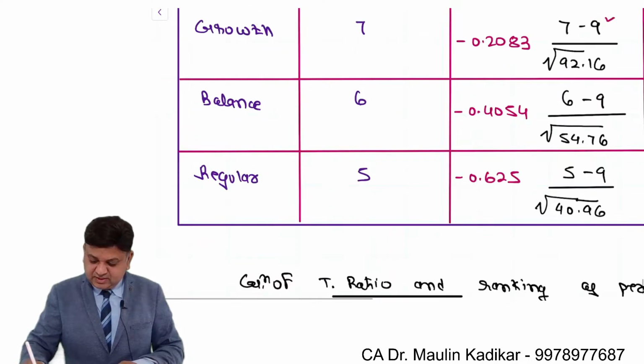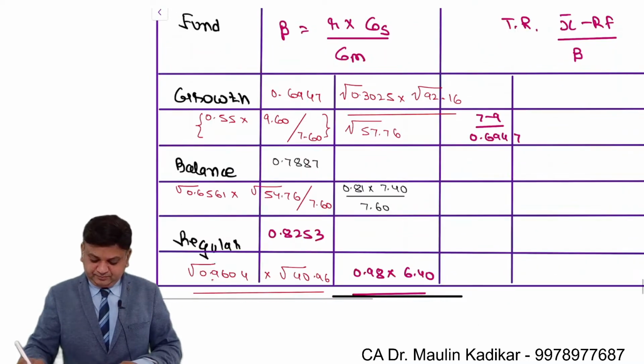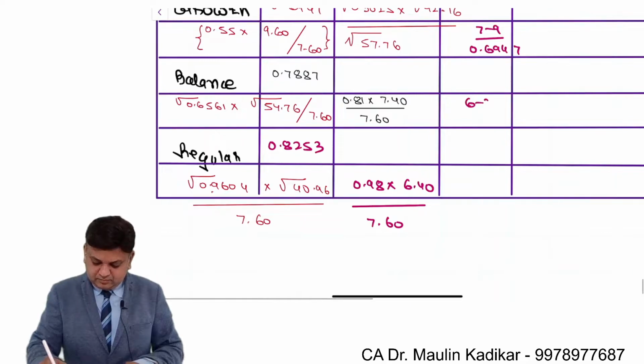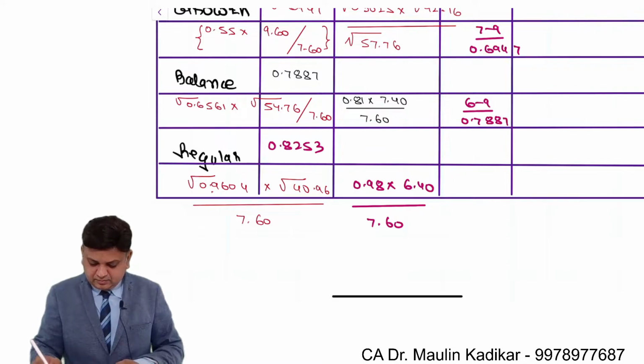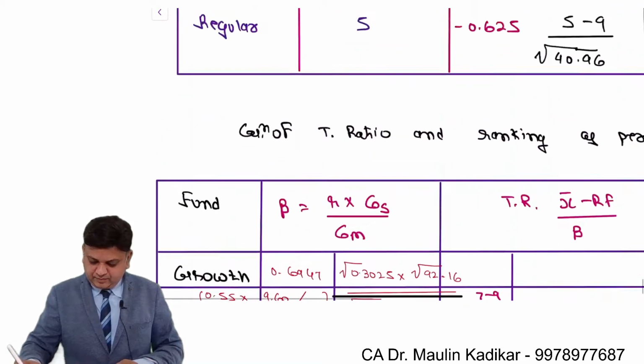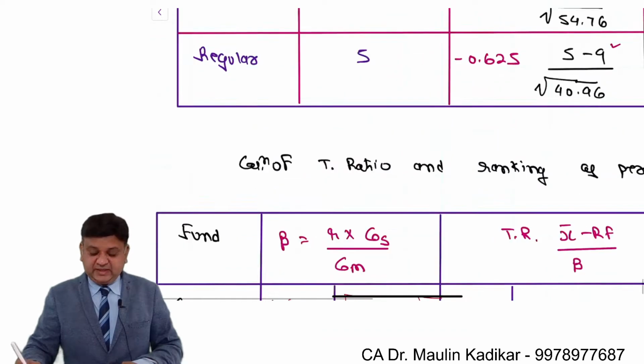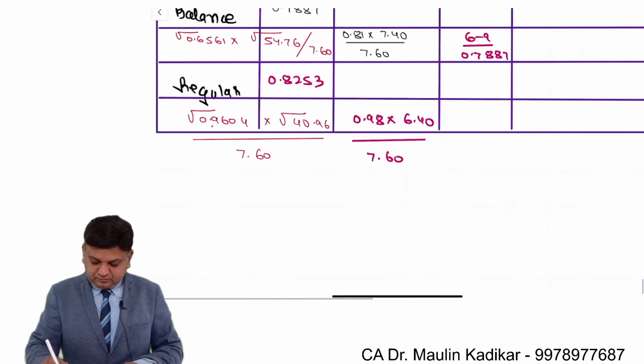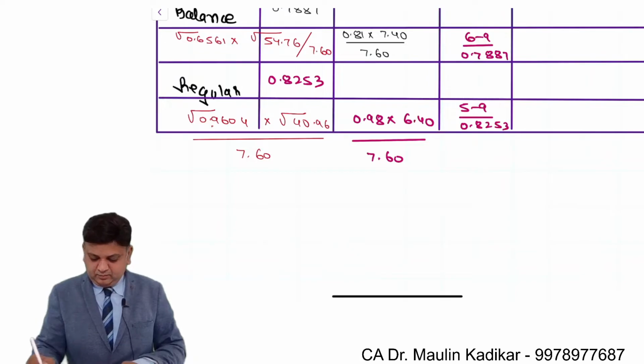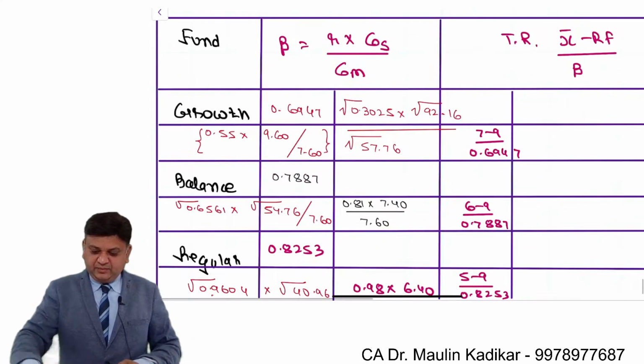Next is 6 minus 9 divided by 0.7887. Next is 5 minus 9 divided by 0.8253. That is the way we compute the answer.